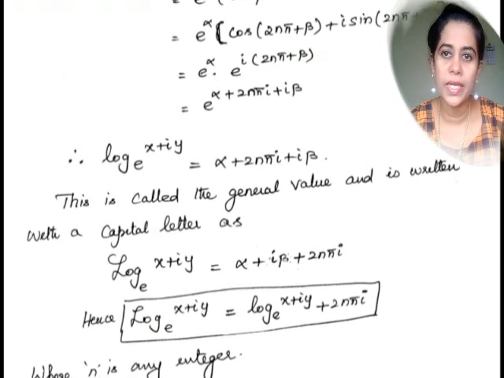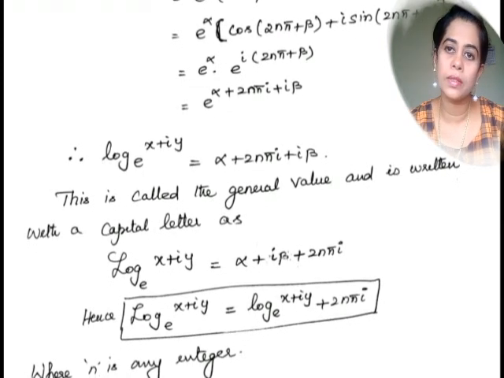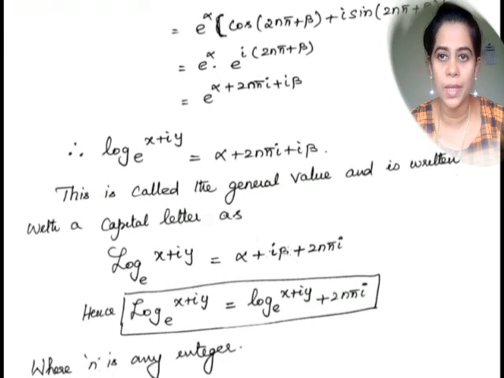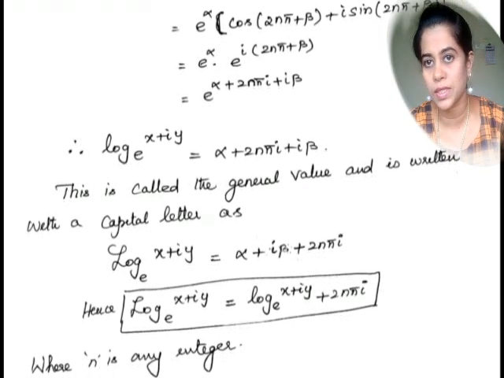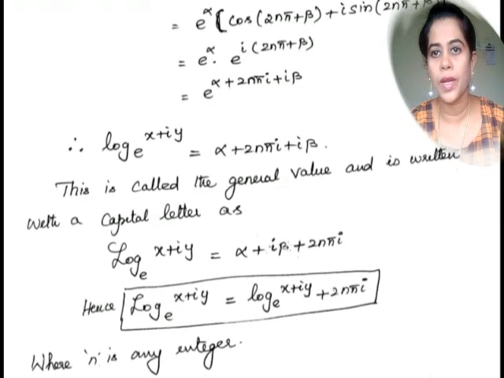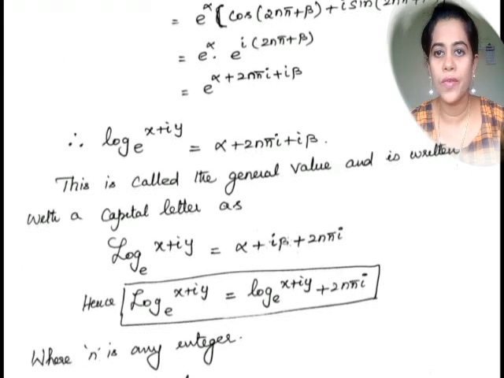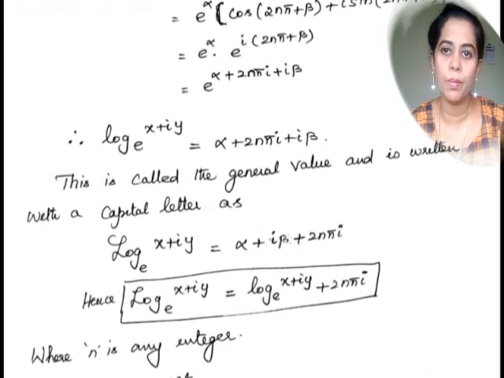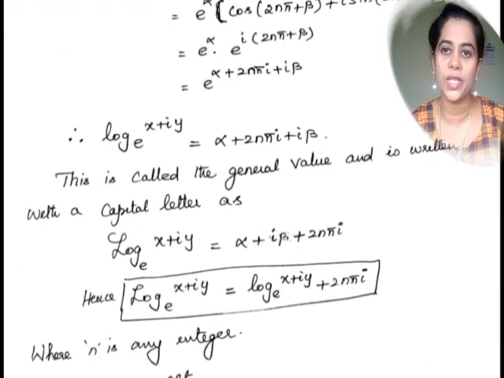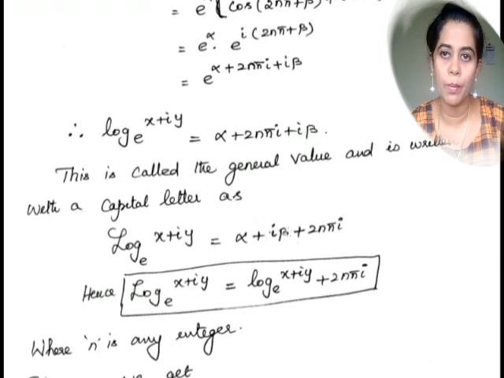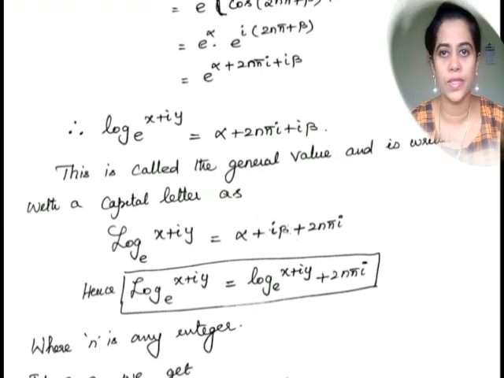For differentiating the value, in the previous case we wrote log of x plus iy equal to alpha plus i beta, where alpha is the modulus and beta is the argument. When coming to the general case, this log of x plus iy will be differentiated by a different notation. So the small log of x plus iy can be written as the capital Log of x plus iy.